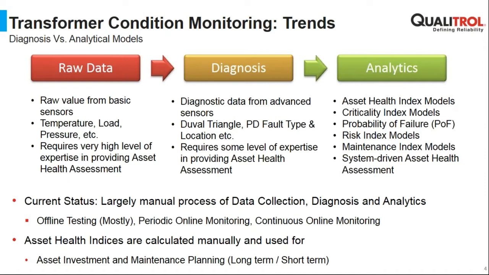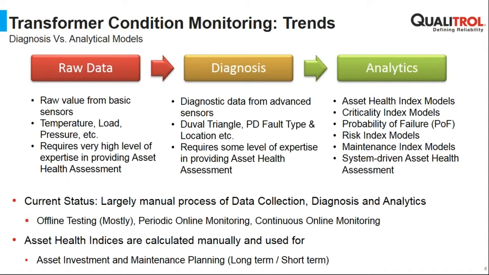Some examples of advanced sensors are dissolved gas analyzer, bushing monitoring system, and partial discharge monitoring system. These advanced sensors have diagnostics built into them, and they provide the fault type on the transformers and the criticality of that fault type. So it required less expertise in identifying the health of the asset.